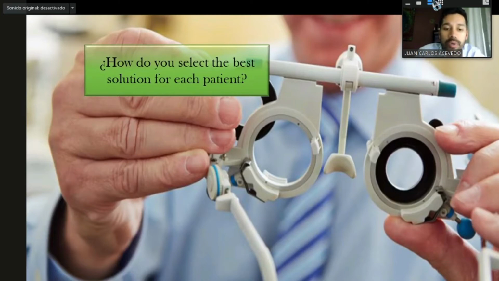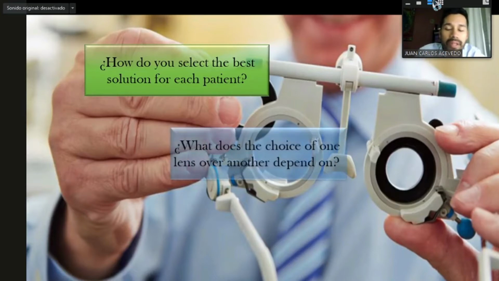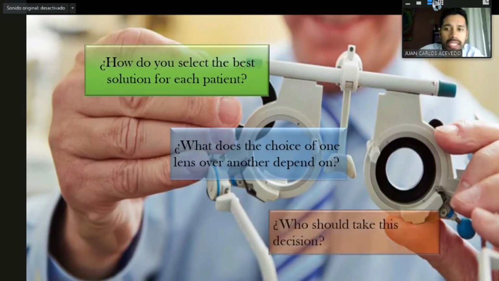What does the choice of one lens over another depend on? From the pentagon, from the IOL master, the patient refraction, the patient purchasing power, and last, who should take this decision? The ophthalmologist or the patient? My aim is to clarify these questions.